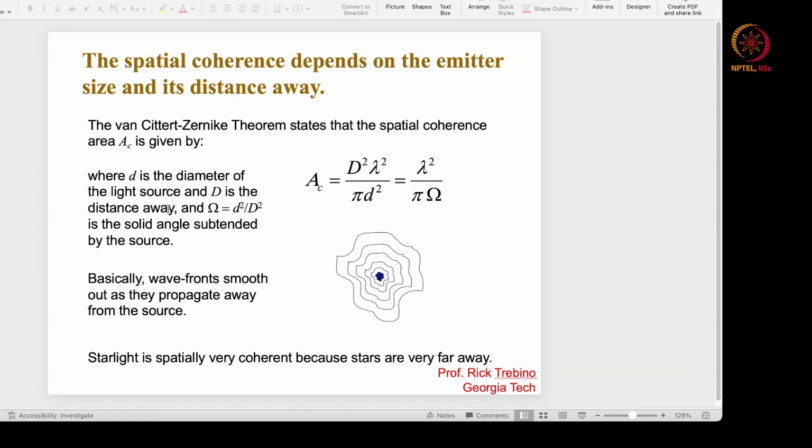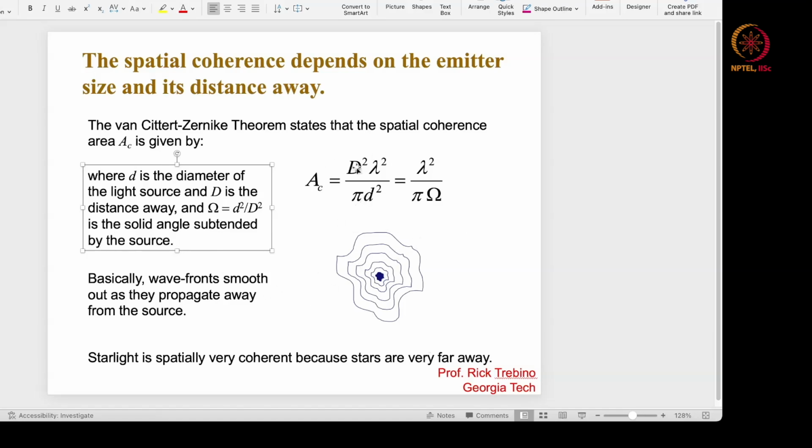And capital D is the distance at which you are monitoring it. And this omega that you see over here is small d squared by capital D squared. So it is basically the light source size divided by the distance at which you are trying to monitor it. So it is nothing but the solid angle subtended by the source.